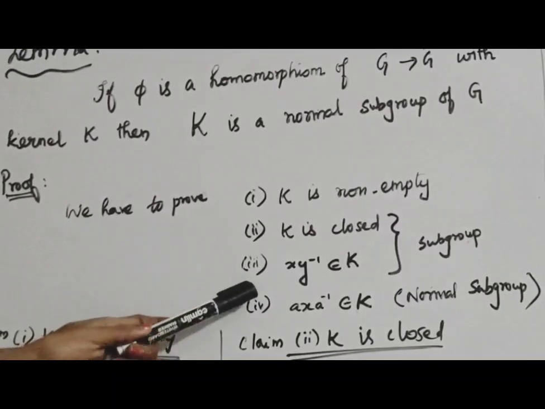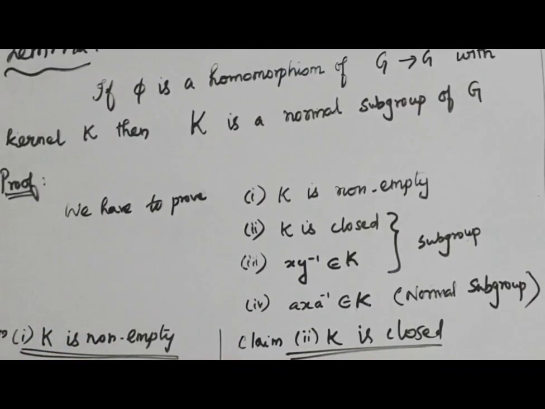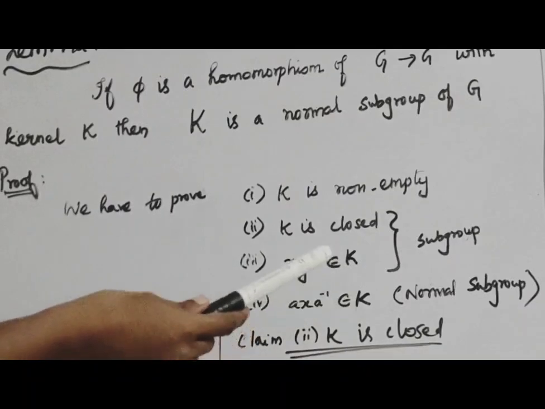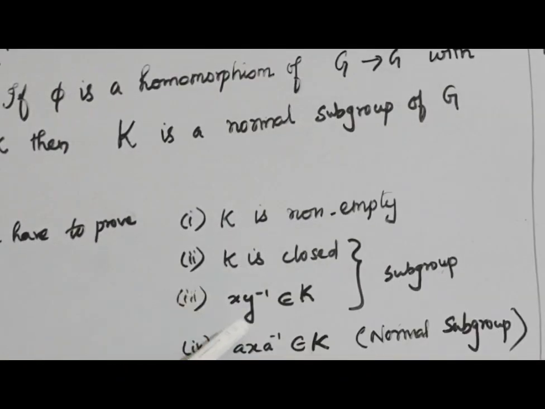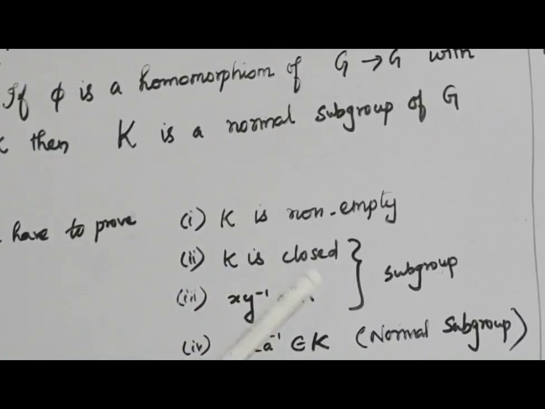Third, xy inverse belongs to K. These two cases are the proof for the subgroup. Therefore, if K is closed and xy inverse belongs to K, we say that K is a subgroup. Next, fourth one, you have to prove the normal subgroup. That means you have to check the condition a x a inverse belongs to K, where the element a belongs to the group G and x belongs to K.